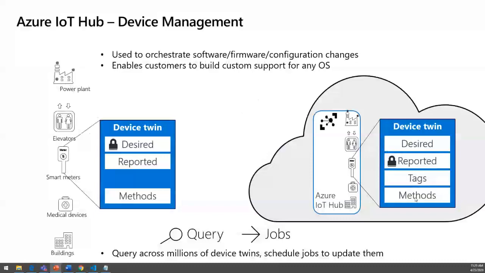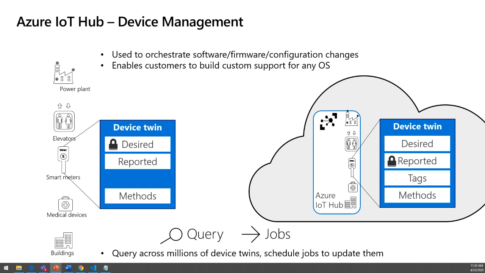Why I'm bringing this all up is that these different elements of the device twin are helpful in a device lifecycle. Going back to desired properties, they are set by the backend application and read by the device. And tags are great for being able to query and set tags for each one of those devices.